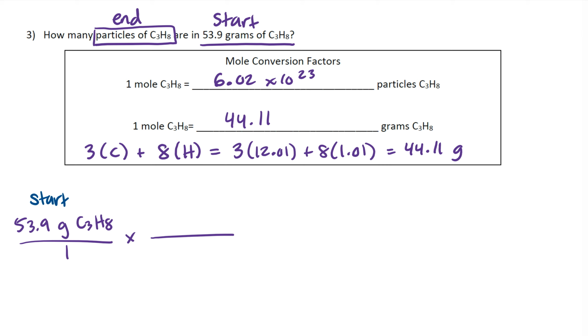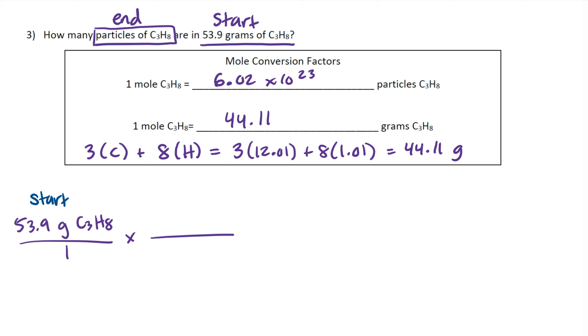Now, if I have my start of 53.9 grams of C3H8, I know something about dimensional analysis, that the units have to cancel. I have to use that same unit in the denominator. And so I need to use a conversion factor that has grams in it. So usually, if I have a conversion factor that has my start unit and my end unit, boom, there's my conversion factor that I'm going to use.